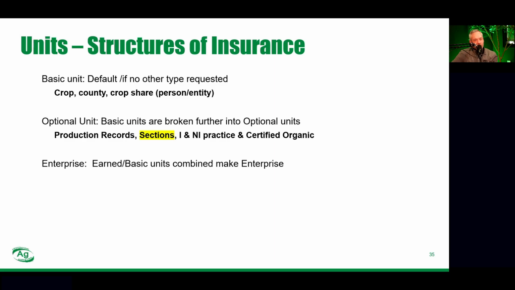Okay. So then we expand off of basic units, and the first one we're going to talk about is optional units. Optional units, we divide out the basic units further into individual sections. Okay. And we can also divide them out into irrigated or non-irrigated practices or organic, certified organic and not certified organic practices.